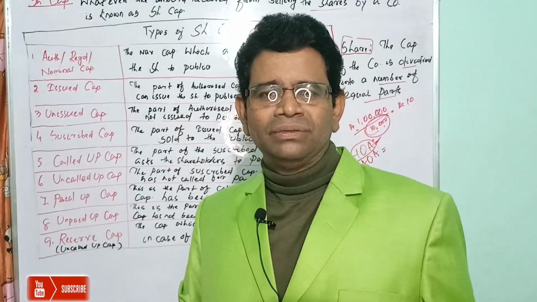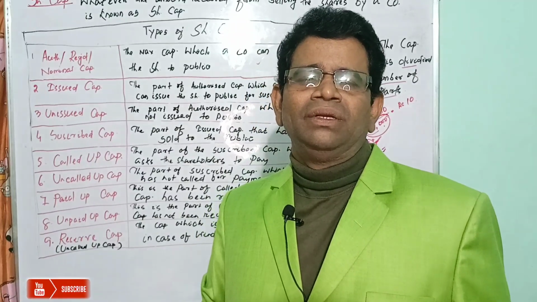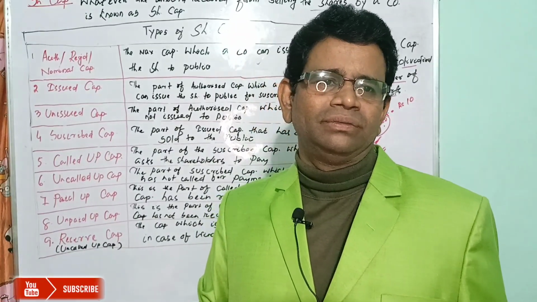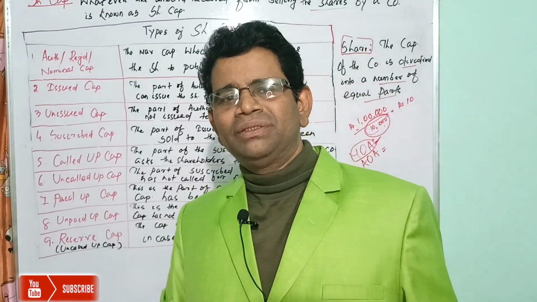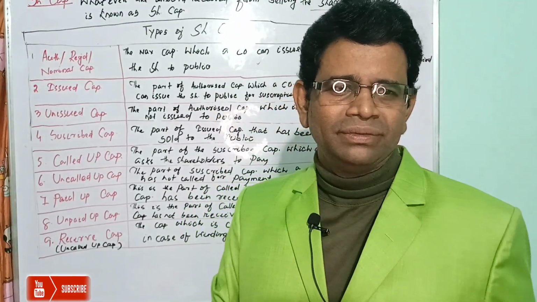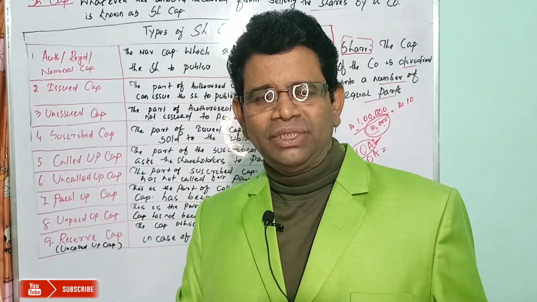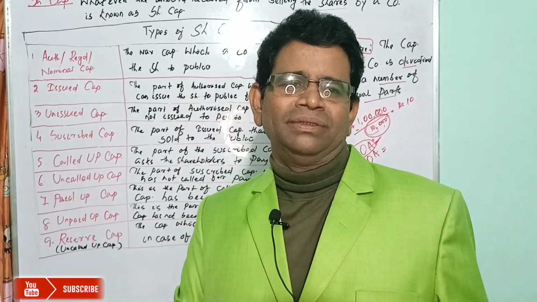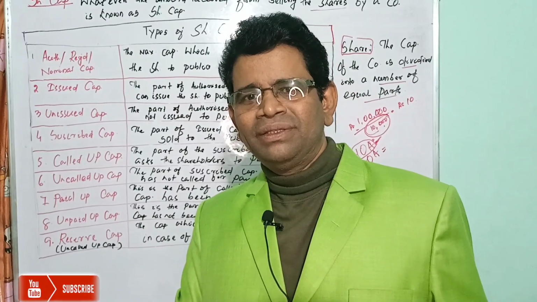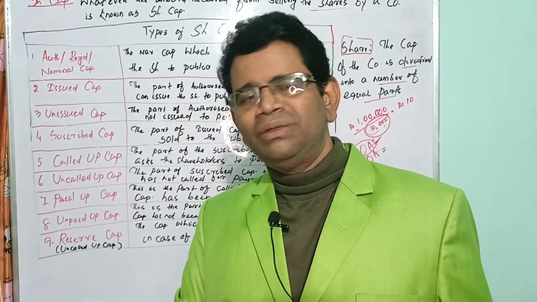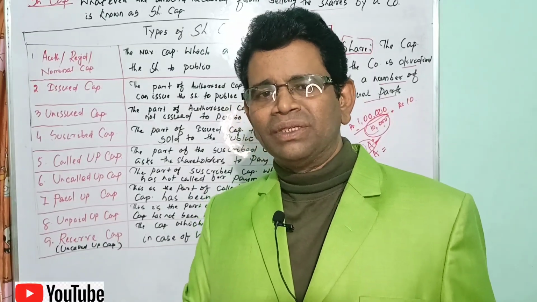For instance, suppose you have 3,000 rupees in your pocket. You can spend maximum 3,000. Beyond that, you cannot spend. If you spend more than 3,000, you have no money. Maximum is 3,000.